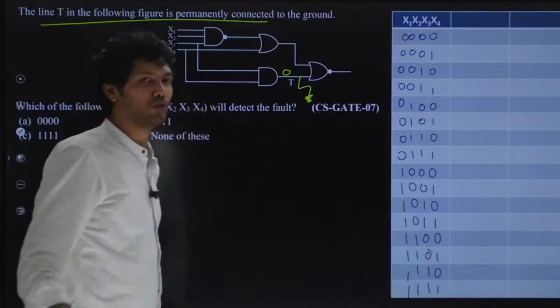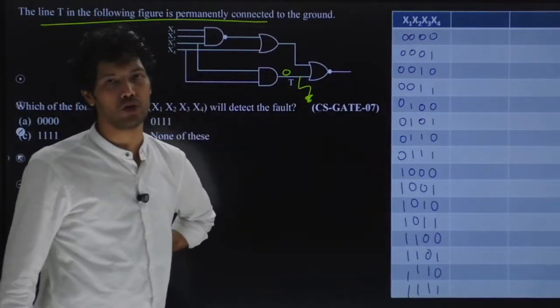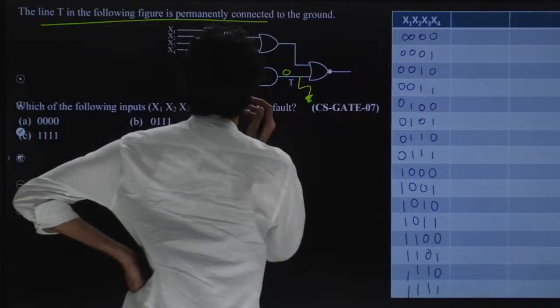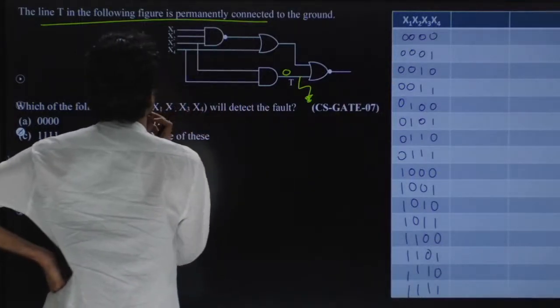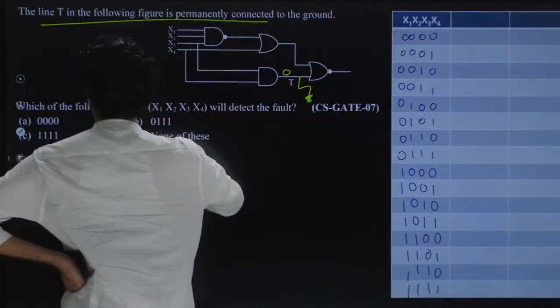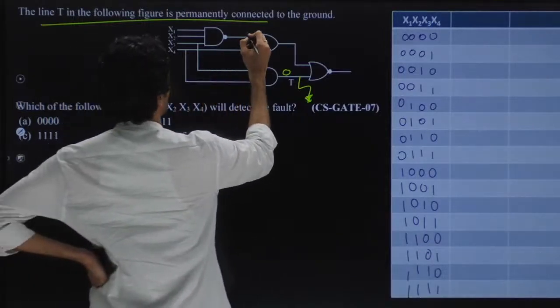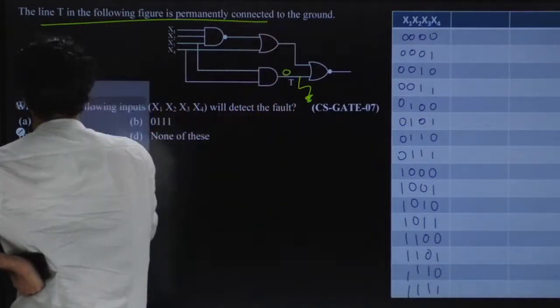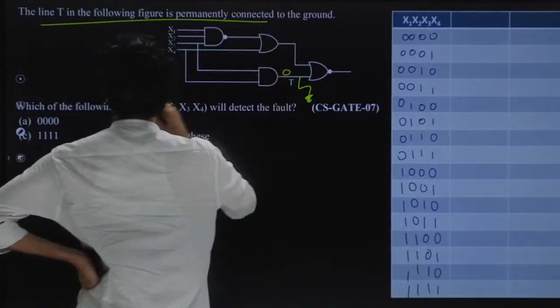Now let's assume there is no fault. If there is no fault, what is the value of output? That is what we are supposed to identify. For that, I am writing this in minterms format. So what is this expression?